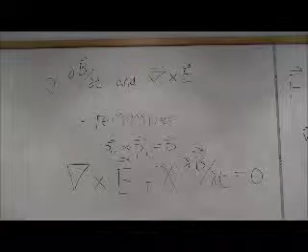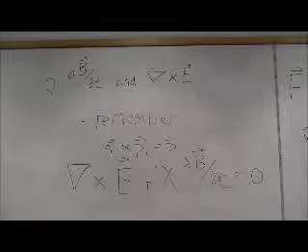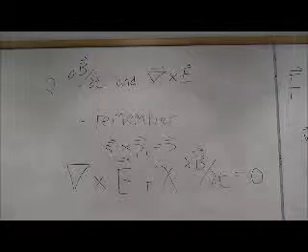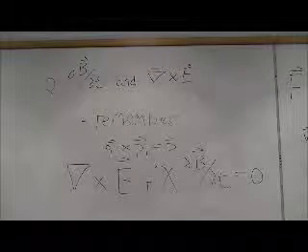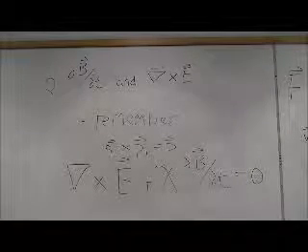So for the second one, we can have the partial derivative of the magnetic field and the curl of the electric field, because remember from under time reversal that the axial vector crossed with a polar vector gives us a polar vector.